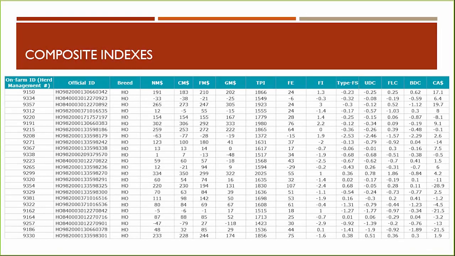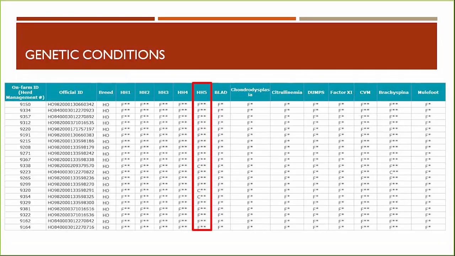Another page that probably isn't used as often by producers is the one that's genetic conditions. So these are specific diseases that we know of, where we can basically look at whether your animal is a carrier or free of being a carrier. So this would have in mind what these HH1 through HH5 are. Each of these are Holstein fertility, recessive fertility haplotypes.